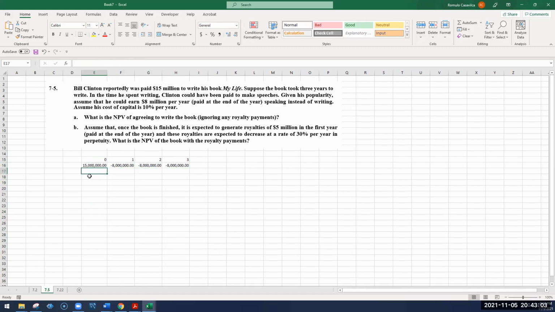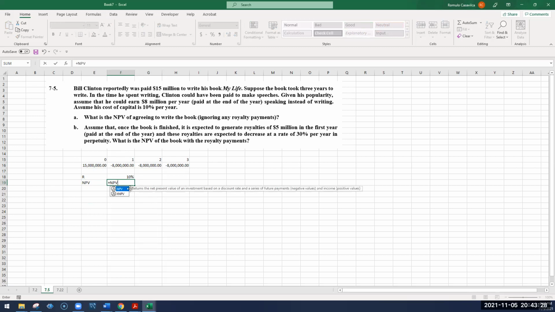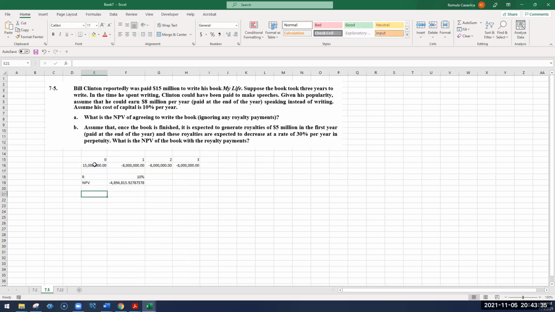So the R is 10%, and NPV. It asks you, what is your NPV by just writing the book, ignoring the royalty payment. So ignoring also tells you to make it negative. You're going to ignore this 8 million. This is an opportunity cost. So your NPV is negative, net present value.